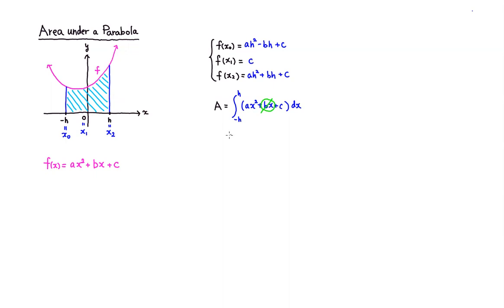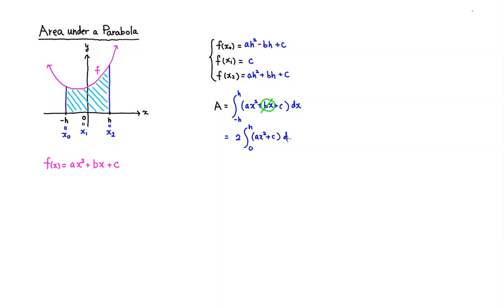So we can rewrite it as 2 times the integral, and instead of negative h to positive h, I'm going to do 0 to h, since for an even function the other side produces exactly the same value. So we just multiply by 2. We have ax squared plus c.